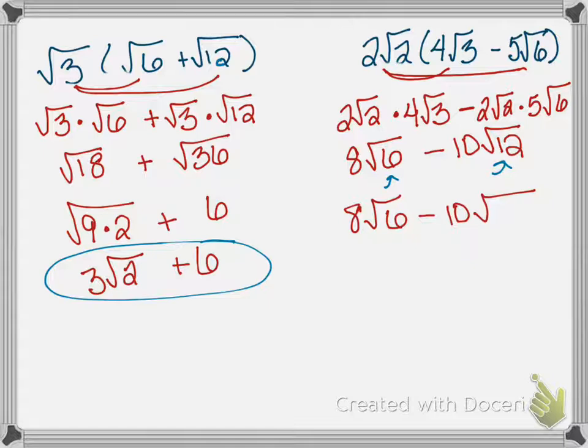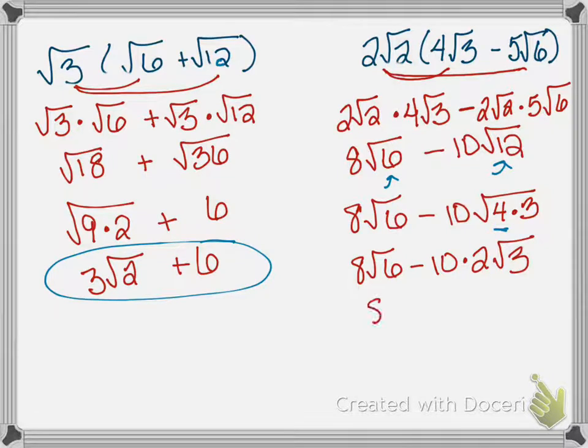Yes, what is it? Good, 4 times 3. What's the square root of 4? 2. So I have 8 on the square root of 6 minus 10 times 2. So I bring the square root of 4 outside. So I have 8 on the square root of 6 minus 20 on the square root of 3.